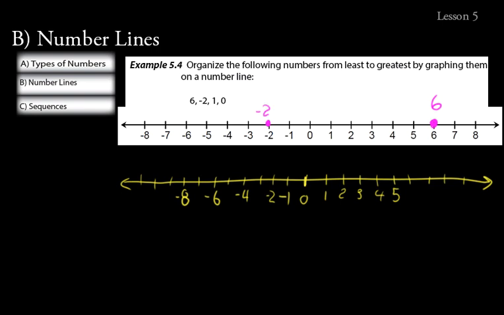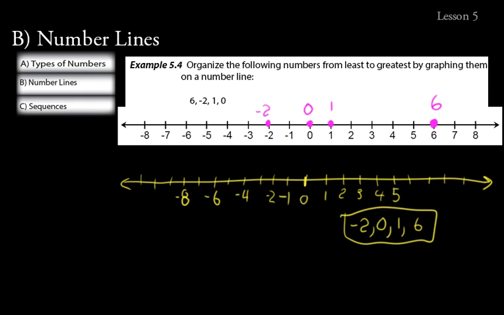The 1, that's right here, and the 0 is right there. Now what we want to do for the answer is just look at the order from left to right. -2 is least, and then you just do comma, 0, comma, 1, comma, 6. So we marked them and labeled them first, and then we wrote them down.